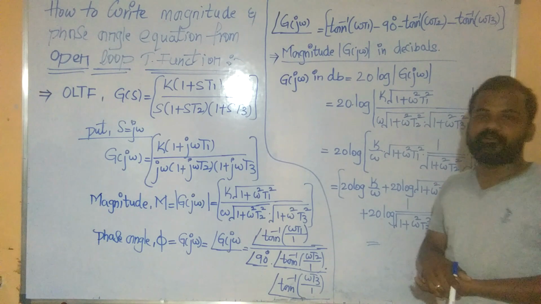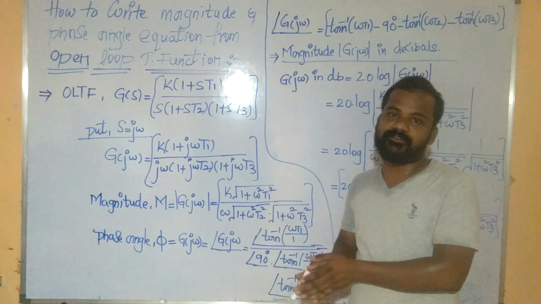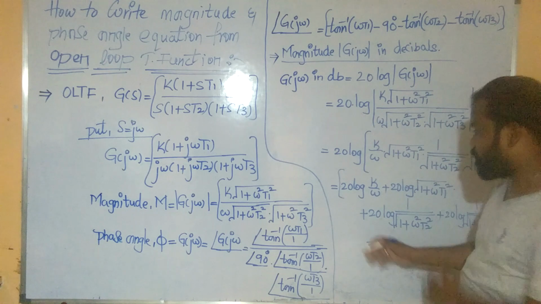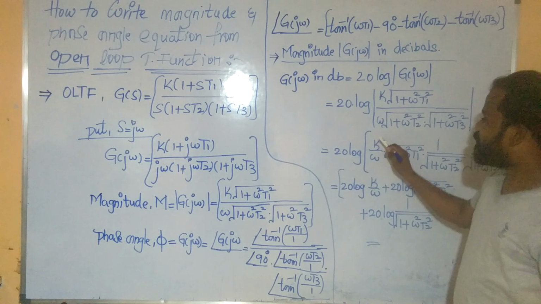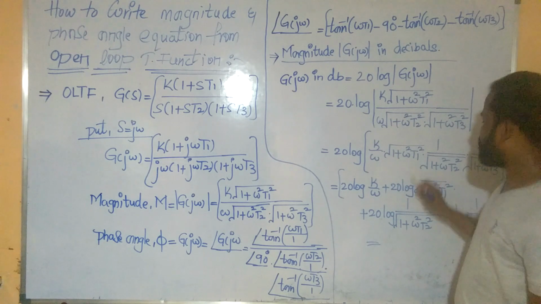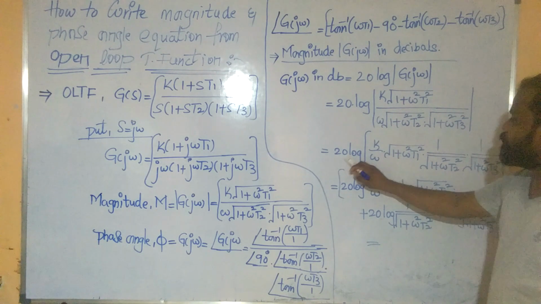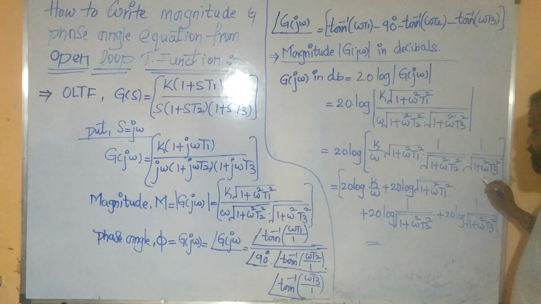Now because of the Bode plot, that is the main advantage, what? Multiplication terms are always converted into addition. So like this I am writing: 20 log k by omega, plus 20 log root of this term, plus 20 log this term, plus 20 log the last one. Clear?